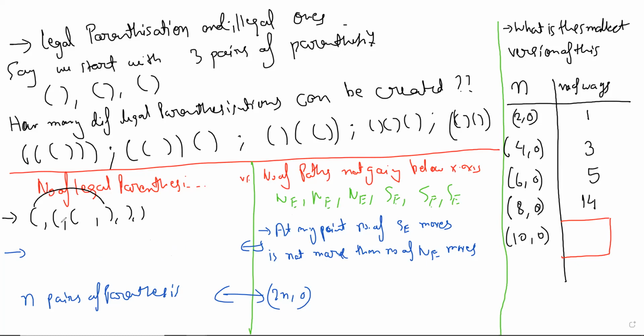And for every open you have a close, but you see here also the second condition is that at any point the number of southeast moves should not be more than the number of northeast moves. And here also we know that, again, at any point. So aren't these two things then exactly the same?